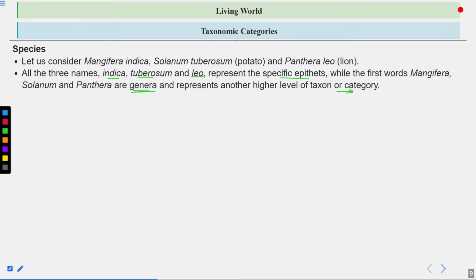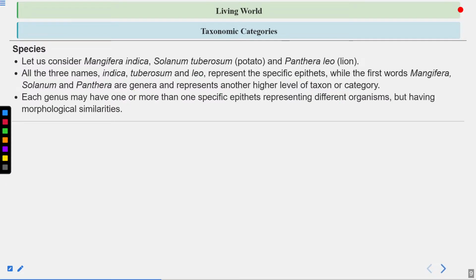So genus is at a higher level as compared to species. Each genus may have one or more than one specific epithet representing different organisms but having morphological similarities. So this means that each genus can have more than one specific epithet.